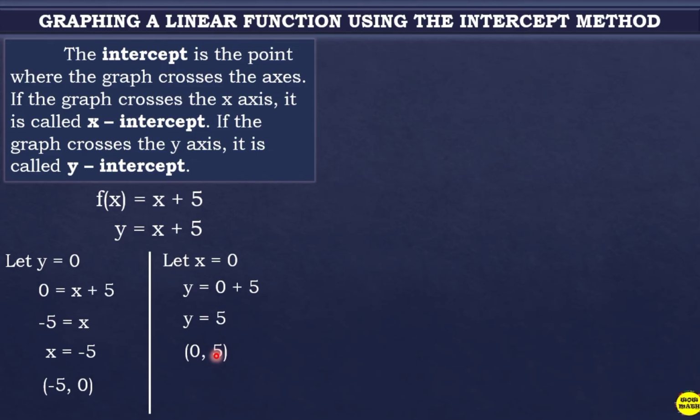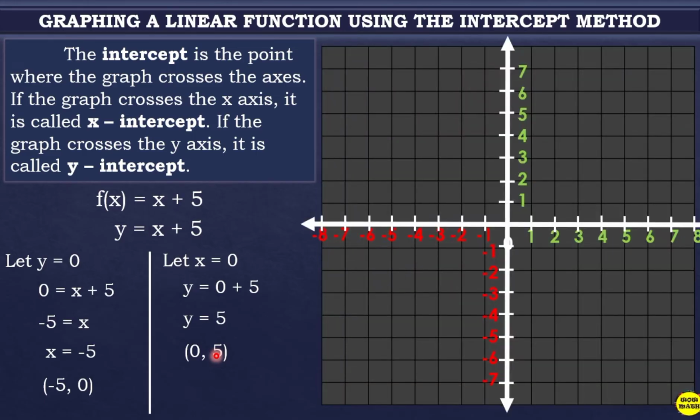So, how are we going to graph the given linear function using the intercept method? So, first, solve nyo muna yung x and y intercept. And then, let us plot. So, i-plot natin si negative 5. So, this is your negative 5. And then, plot natin si 0, 5. So, this is your 5. Okay? And then, connect. Okay?